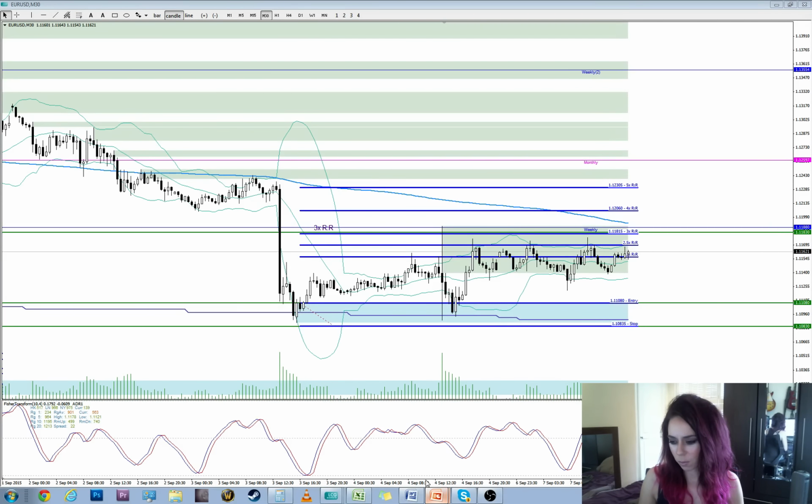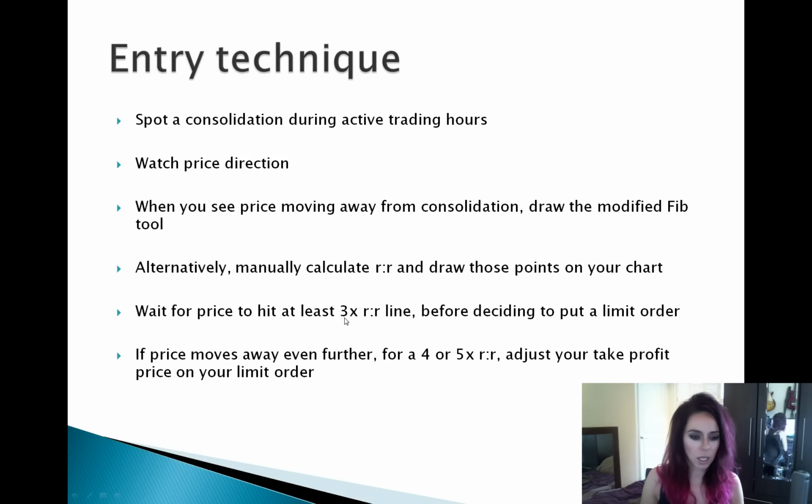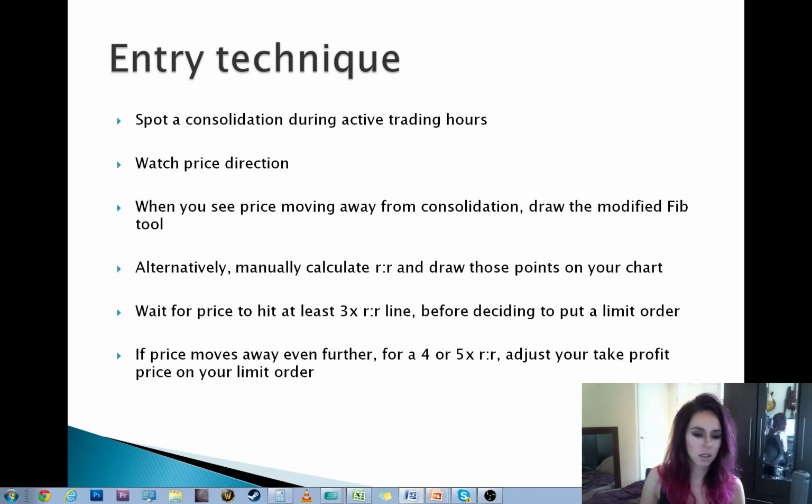But for now, let's just recap once again how I treat the newly formed consolidating areas that are not dipping into any old levels.